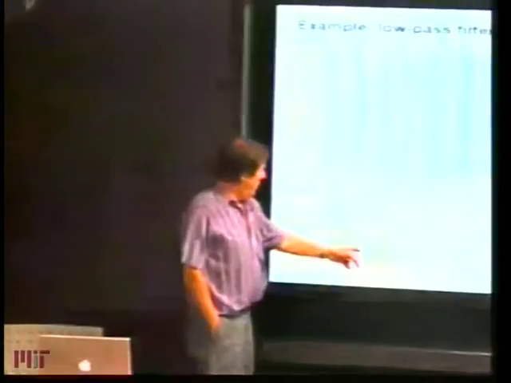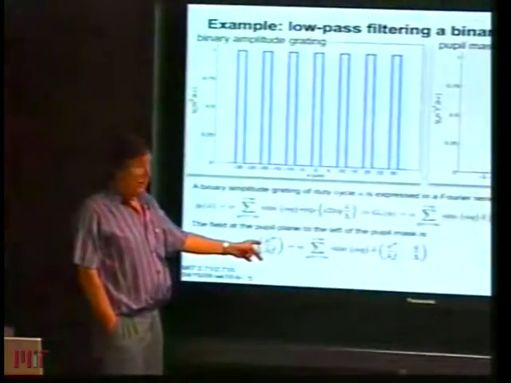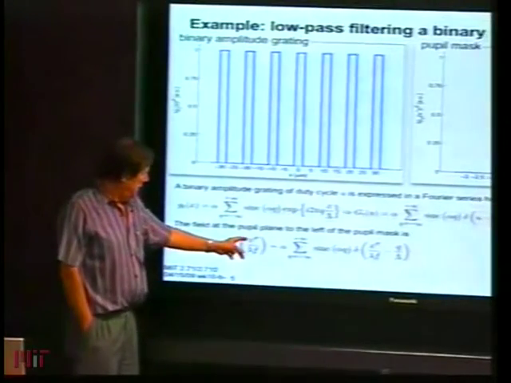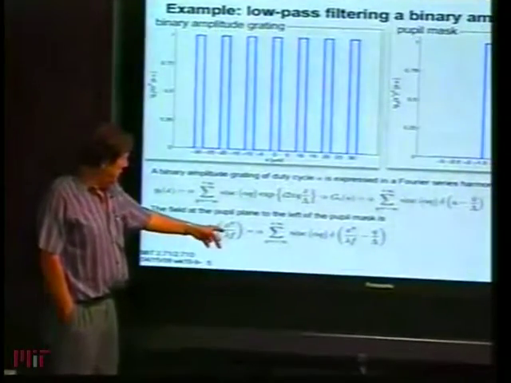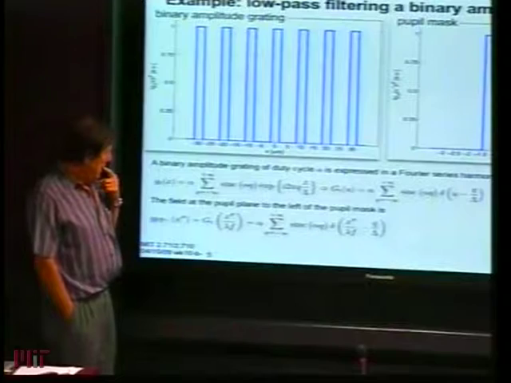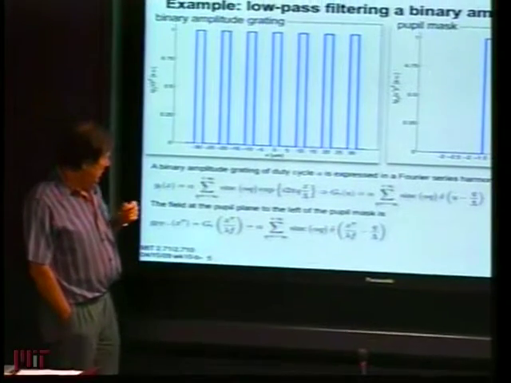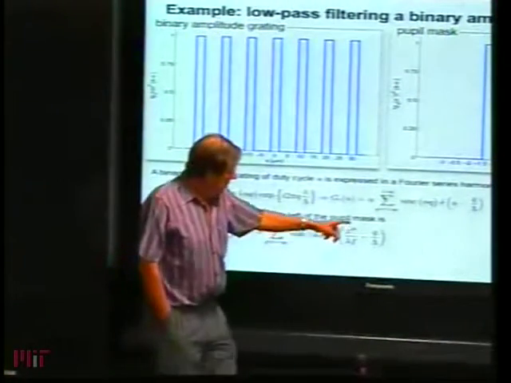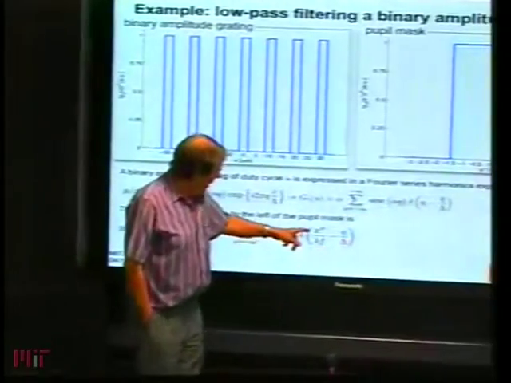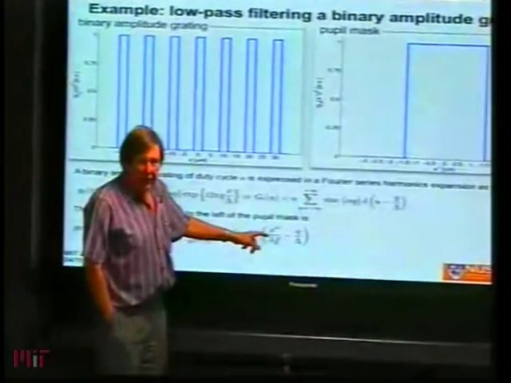Okay, so this is this lambda f that comes in here because it's going through a distance f, so that gives the scaling of this distribution that you get there. So that's where u now is replaced by this x double dashed over lambda f, right?